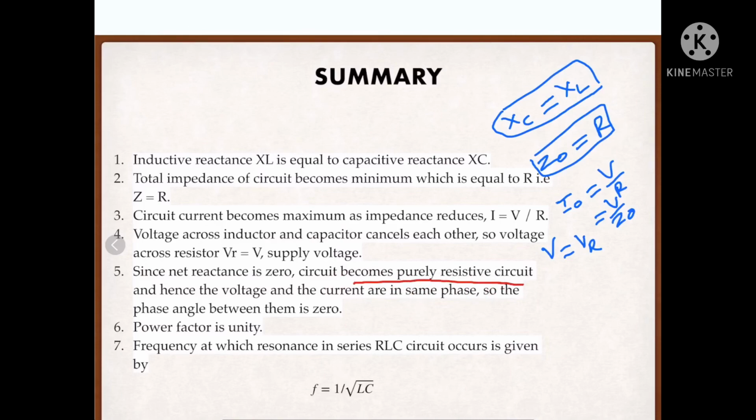At resonance our circuit will be purely resistive, and because of that, in the phasor diagram the phase angle will be 0. That means phi will be 0, and because of that we will have unity power factor. And this is the formula for series resonance frequency, that is f is equal to 1 upon under root of LC.